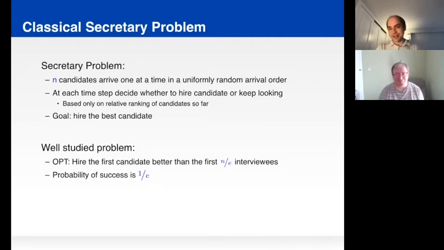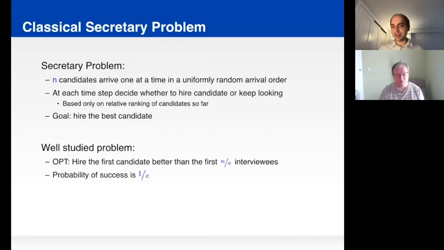I didn't know anything about the problem. Here's the setup. How would you solve it? I think all of us here know the solution: you wait for some fraction of time. You see your first n over e interviews, where e is 2.71828. This gives you some sense of the distribution of how well people are doing.